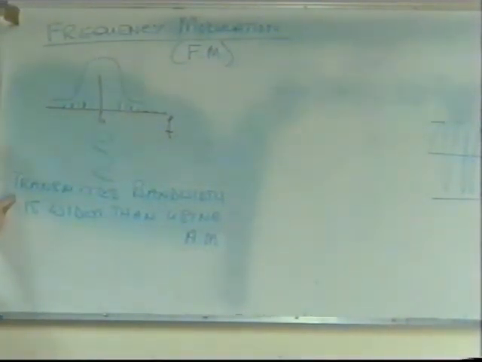Now this would seem to be quite a big disadvantage really compared to AM, a wider bandwidth. Remember, one of the objectives is really to try and keep our bandwidth as narrow as possible so we don't interfere with people. But there are some other advantages using frequency modulation.